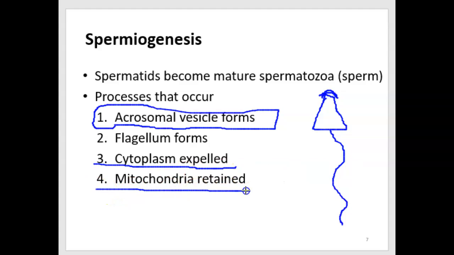However, all the mitochondria that were in the cytoplasm need to be maintained. And we will see that those mitochondria line up towards the base of the flagellum near the head. That's going to help make ATP to fuel the circular wave-like motion of this flagellum.